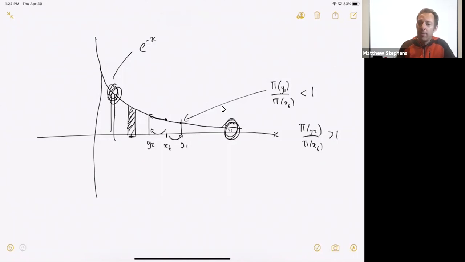And what's not clear, but is true, is that the amount of time it spends in any given part of the space is exactly proportional to pi, or more formally, the area under the curve of pi. So if you look at a small neighborhood here, epsilon, the amount of time it spends in any epsilon neighborhood will be proportional to the pi at that location. That's not obvious, that needs proving, and the outline proof is on the handout.